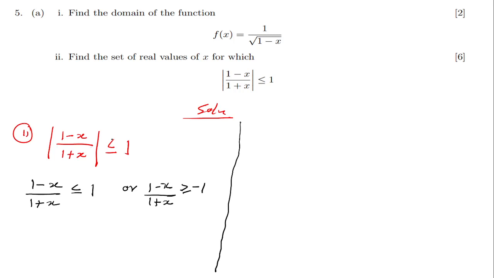One of it has to go the way it is, and it has to be positive. The other one has to go like that, and then the sign will change and you put a negative on the other side.